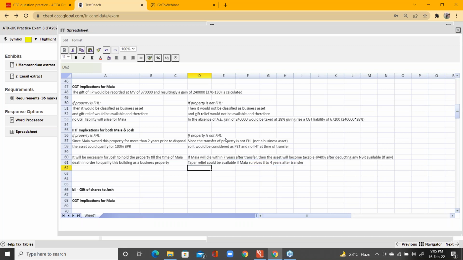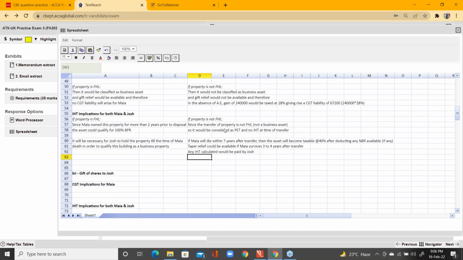If this asset is becoming taxable at the time of death, still a taper relief would be covering the tax liability. This taper relief is available if the gifter survives, meaning the transferor dies after 3 to 4 years after the transfer time, and any IHT calculated would be paid by Josh.